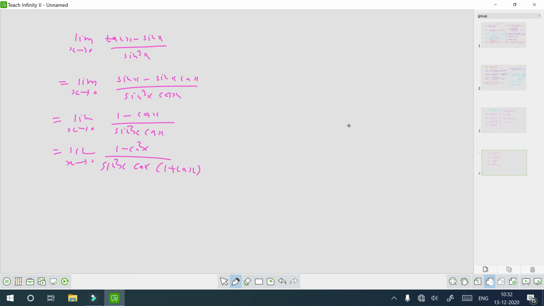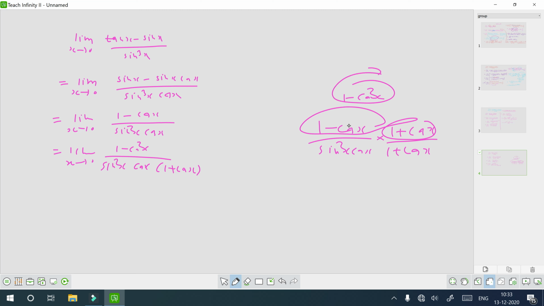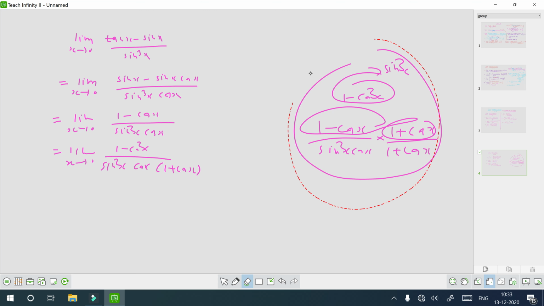How do we get this? See, 1 minus cos x upon sin square x into cos x is given, multiplied and divided by 1 plus cos x. Now 1 plus cos x into 1 minus cos x comes out 1 minus cos square x, and that comes out sin square x. Yes or no? Yes. So in this way this one is done.